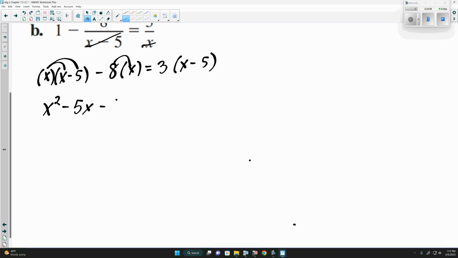And negative 8 times x is negative 8x. Here we can distribute the 3. 3 times x is 3x. 3 times negative 5 is negative 15. We can combine like terms. Negative 5x minus 8x is negative 13x.